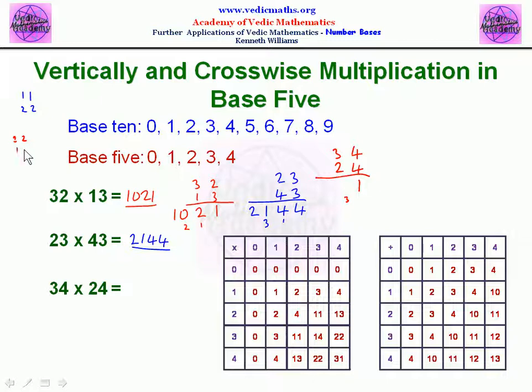So I need to add those up, and I can use my addition table on the right there if I want to. But I can see that's going to be 3 in the tens column and 1 coming over from here because that's a 10. So I get 40. 40 and the carry 3 is 43. Put down 3, carry 4. Then finally I've got 3 times 2, which is 11, and 4 is 20. 2031.